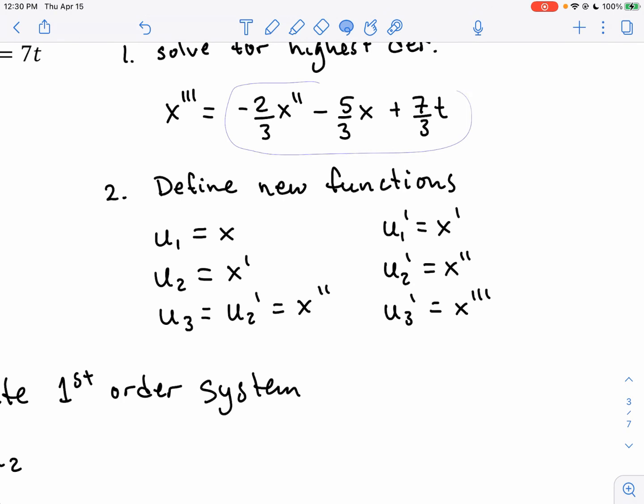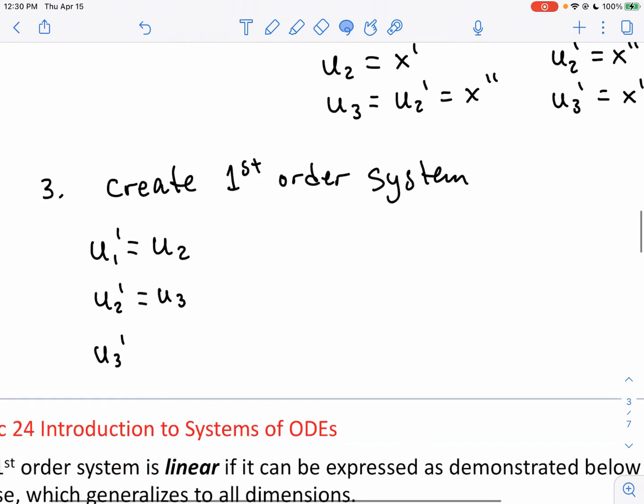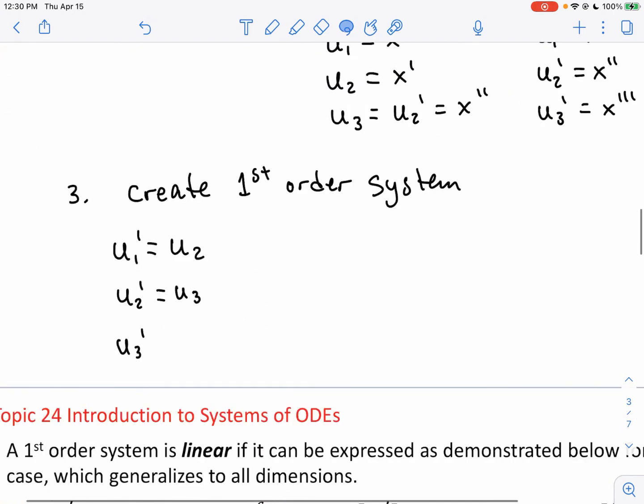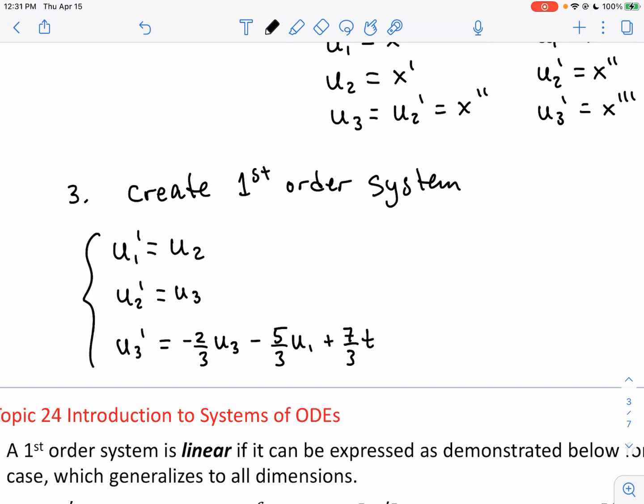So I'm going to rewrite this statement right here, but I'm going to put a u3 right here for x double prime and a u1 here for x. So we wind up getting negative 2/3 of u3, minus 5/3 of u1, and then finally plus 7/3 of t. And there's our system of 3 equations.